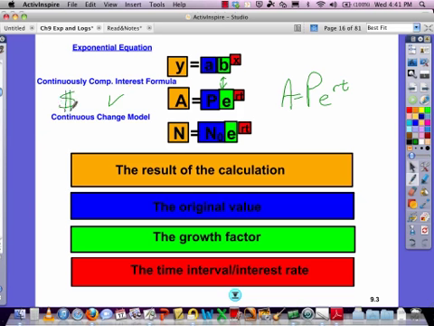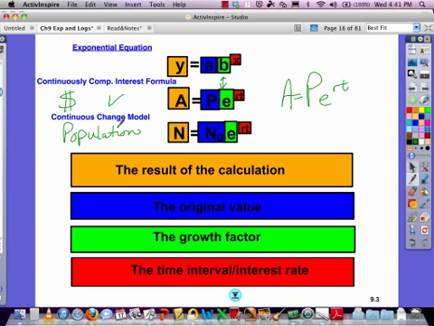The continuous change model deals more with populations, species of different animals, insects, microorganisms, etc. If you look at these three formulas, I'm trying to parallel them with the use of color to show how they're equal.